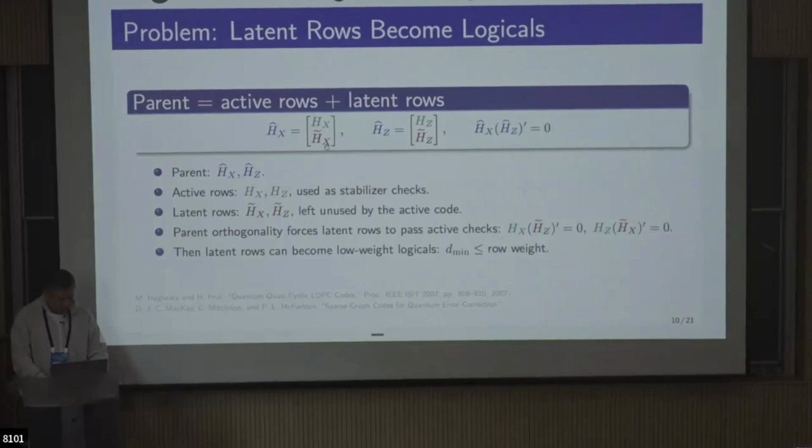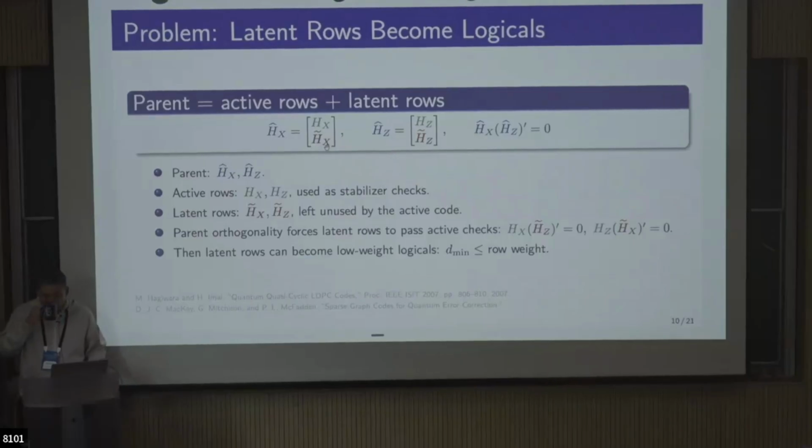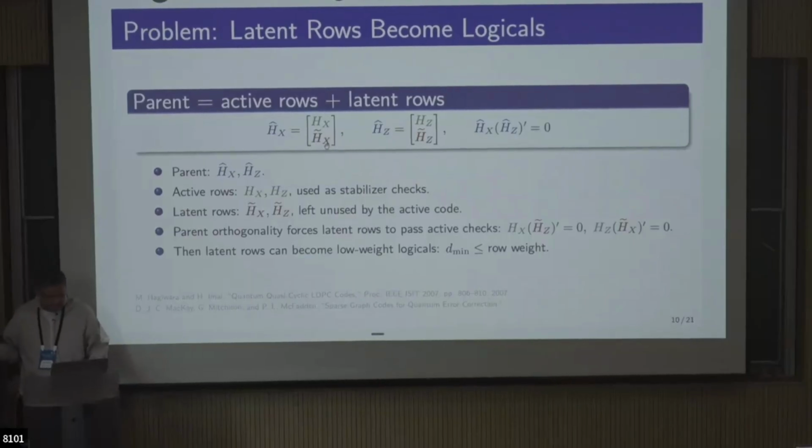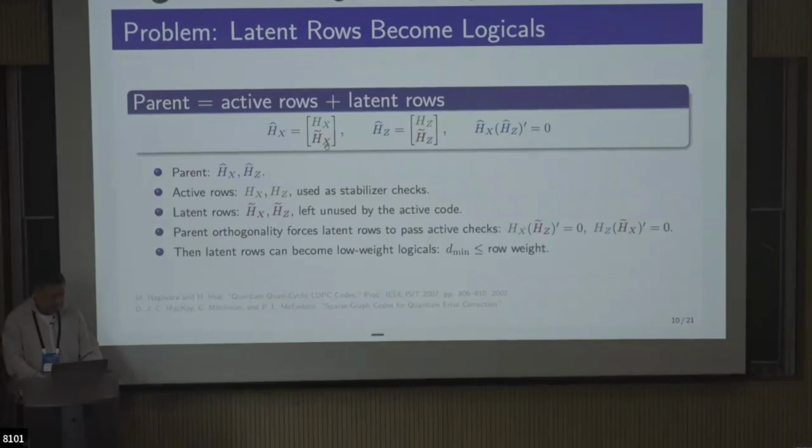The active rows form HX and HZ, while the latent rows are not kept as checks. Because the full parent matrices H hat X and H hat Z are orthogonal, the latent rows automatically pass the active checks.